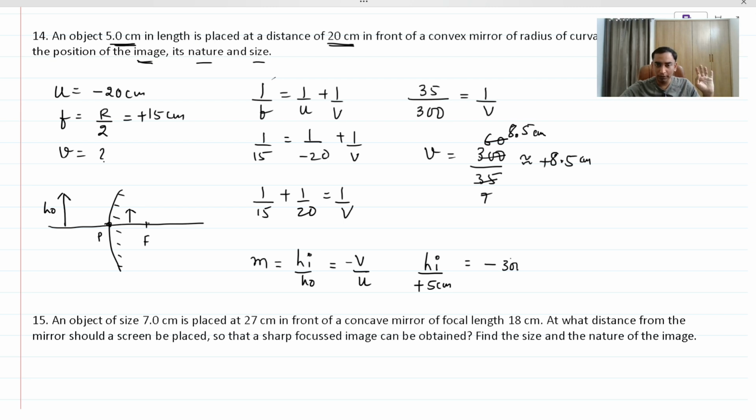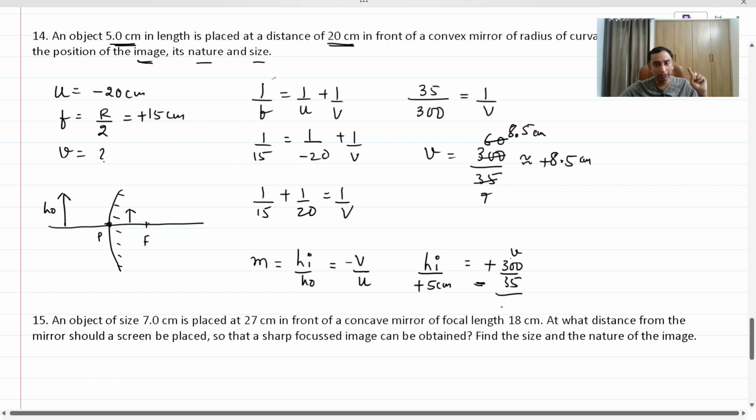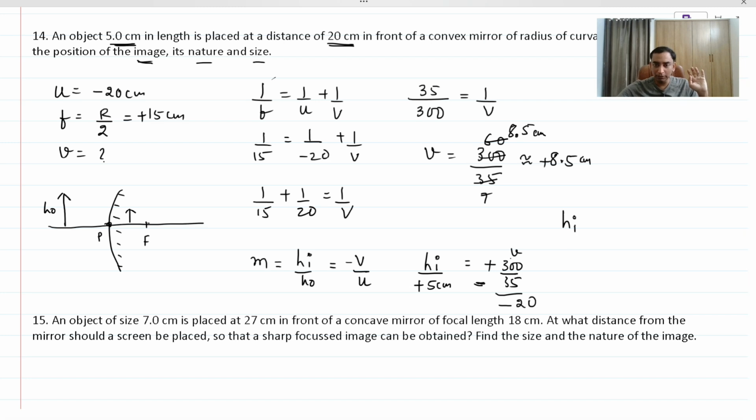So if you want, you can write 300 by 35 divided by, oh by the way, answer was positive, v divided by u, sorry, this is minus v by u, so v is positive but the minus sign is in the formula, divided by u which is again negative, and how much is that? 20. So this means the height of the image is equal to 300 divided by 35 into 20.